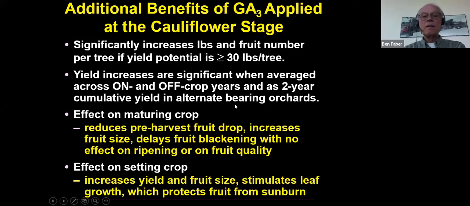It didn't diminish the yields. It did reduce pre-harvest fruit drop on the fruit that was on the trees. It increased fruit size on the fruit that were sprayed. It delayed fruit blackening with no effect on ripening on the fruit that was on the tree. On the setting crop, it increased yield and fruit size, and it stimulated leaf growth, which protected the fruit from sunburn.